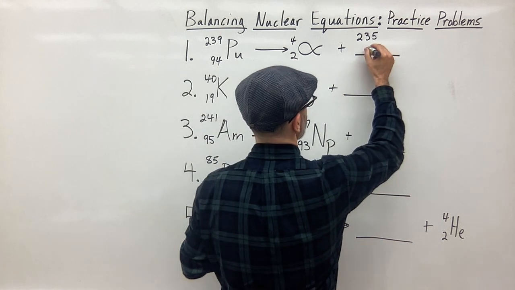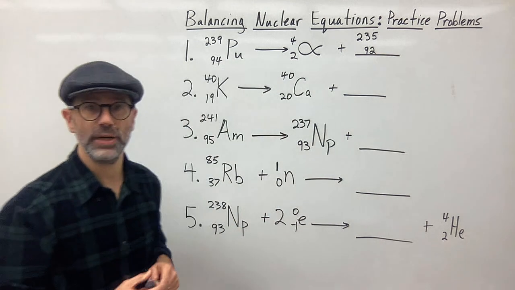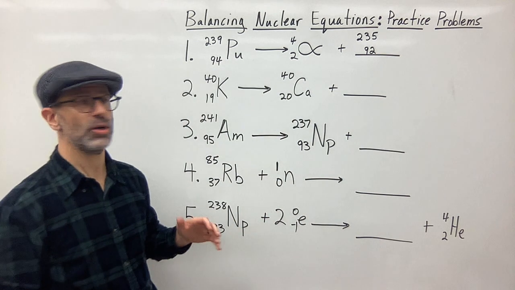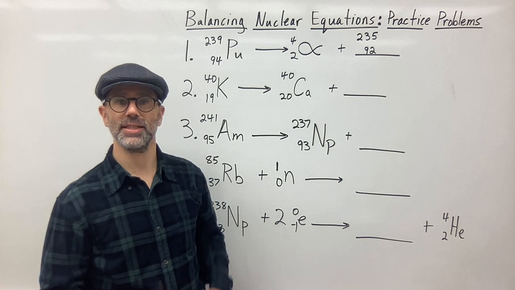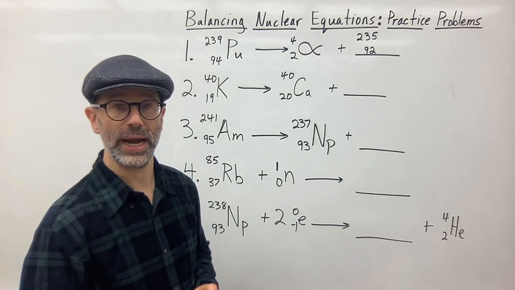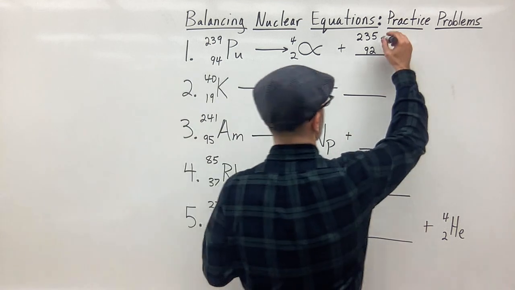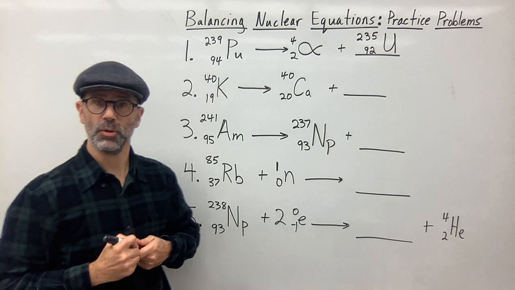So the bottom number is 92. Then all I need to do is look up 92, because remember, the atomic number tells you the number of protons, and the number of protons tells you the element. So you look up 92 and you get uranium. So I put a U there. And that's it for number one.